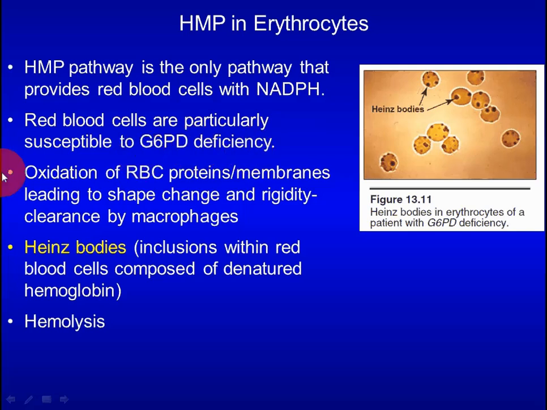When G6PD is defective, oxidation of red blood cell membranes and proteins leads to shape change and rigidity. Heinz bodies appear in red blood cells. Heinz bodies are inclusions of denatured hemoglobin. Eventually, red blood cells will die, leading to hemolytic anemia.